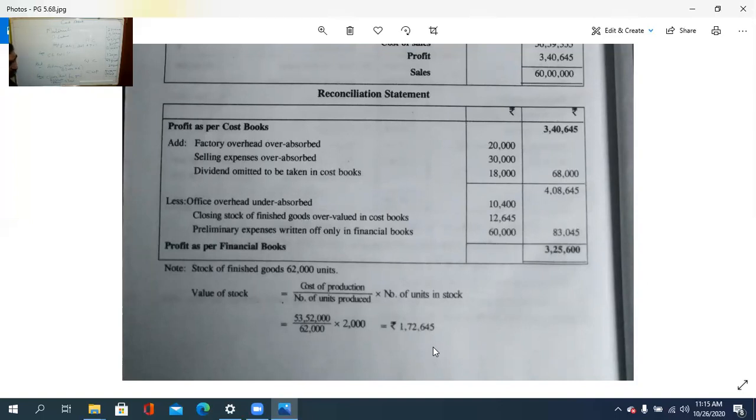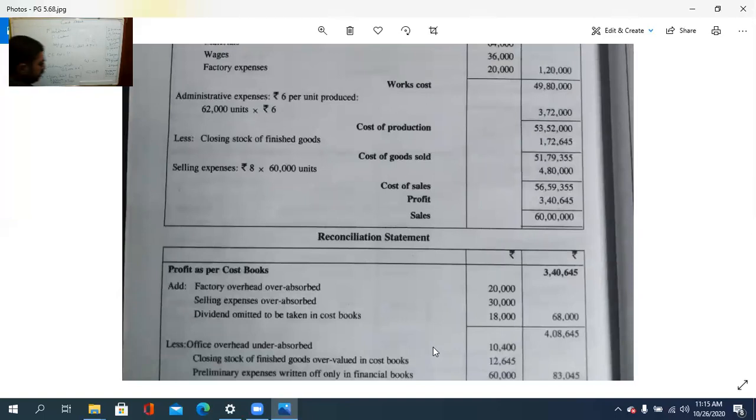So that is 1,72,645. We can calculate the formula here. That is the closing stock. Then COGS: 53 lakh 52,000 minus 1,72,645. That is 51 lakh 79,355.